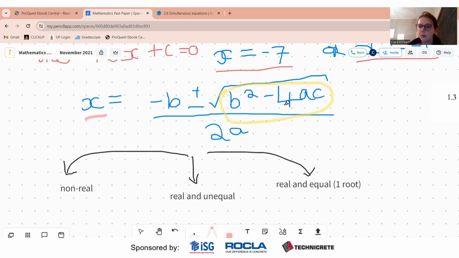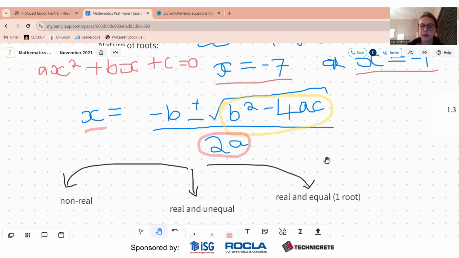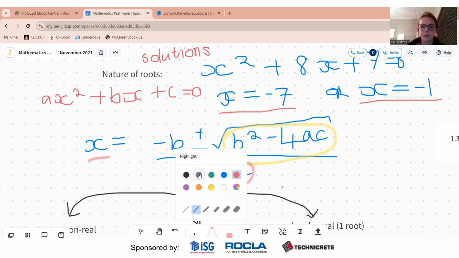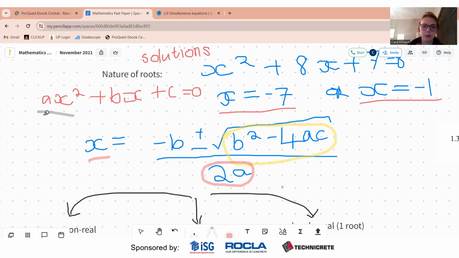You might also be thinking that because we've got a fraction here, if the denominator was equal to 0, then we would have a non-real solution of x. But actually, we never consider that, because if a was equal to 0, then this term here would fall away and we would not have a quadratic equation. So we would not be eligible to use the quadratic formula.